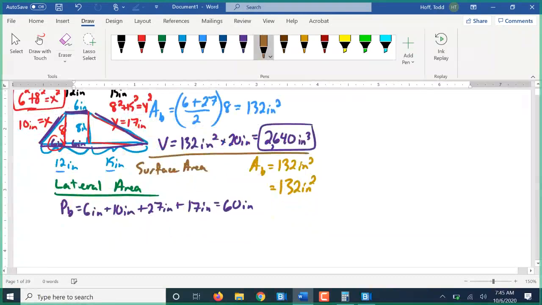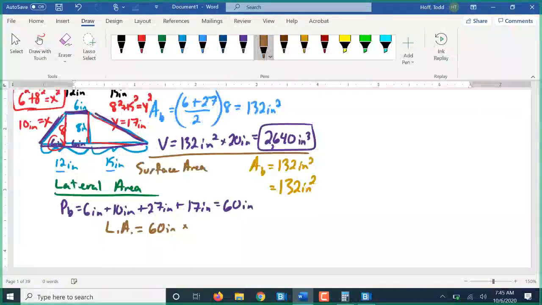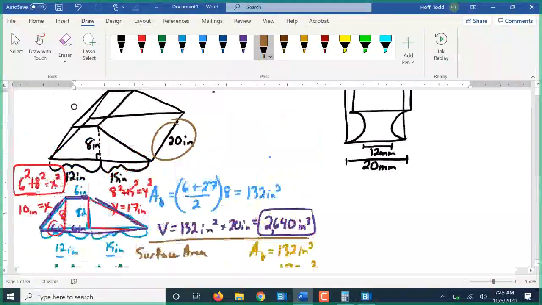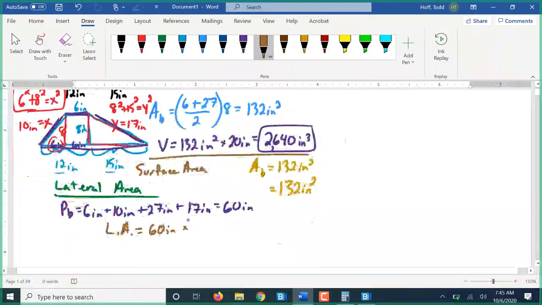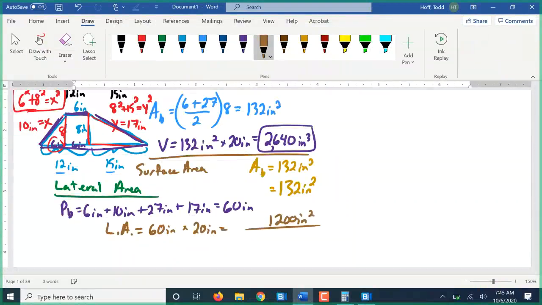So our lateral area is the perimeter of the base, 60 inches, times that height of 20 inches again between bases. That gives us 1,200 square inches for lateral area.